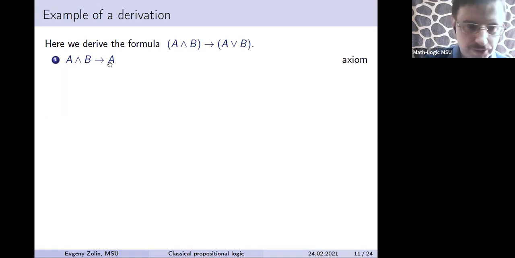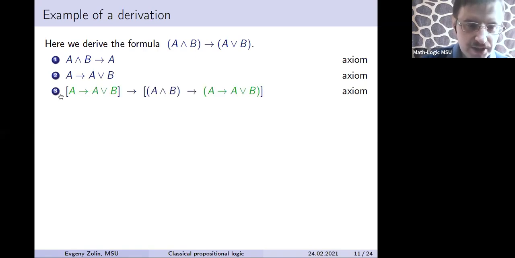Here I give a short proof or derivation. So we derive that A and B implies A or B. So we have this axiom, this axiom. These are exactly the axioms from our system. We also take this long axiom. This is an axiom of the form alpha implies beta implies alpha, where alpha and beta are these long formulas.